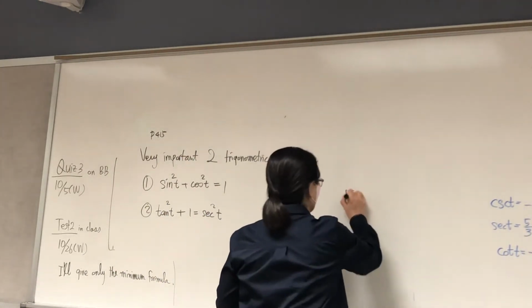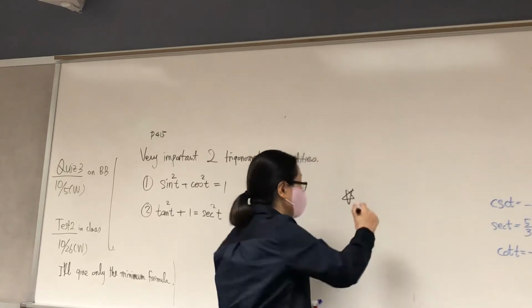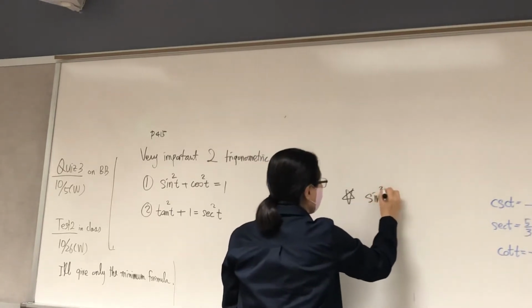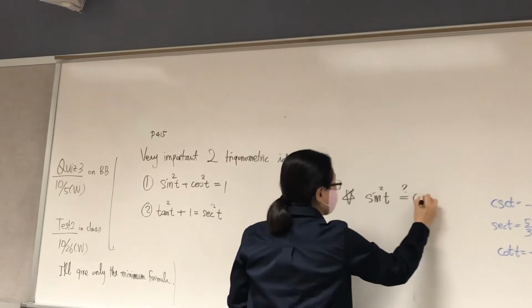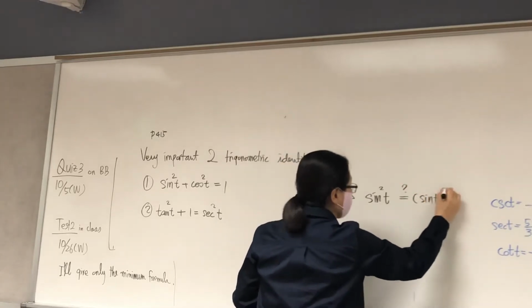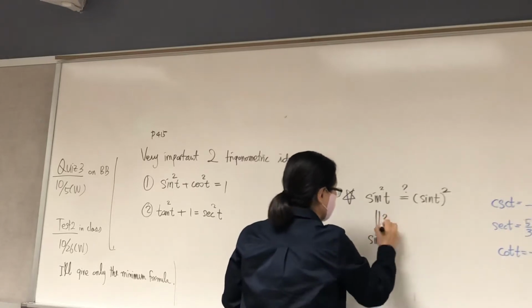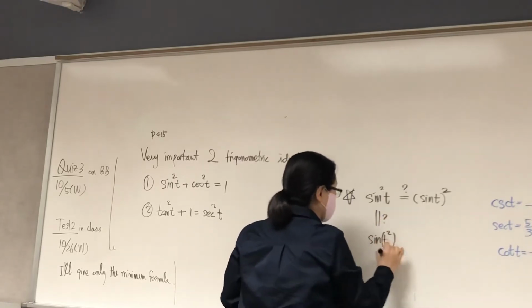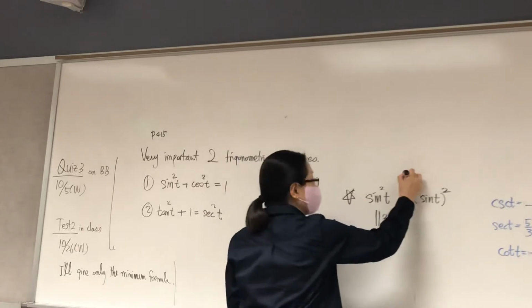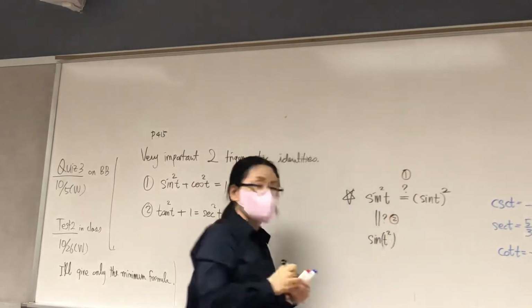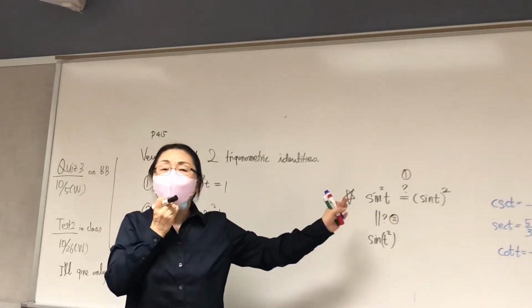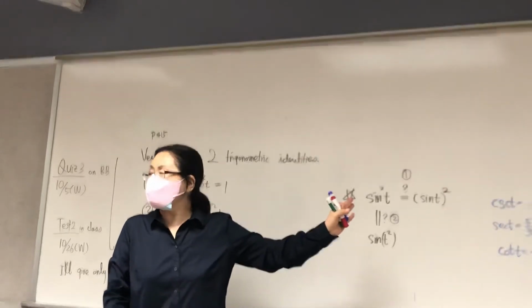Now, let me ask. Sine squared t, because I don't want to see this mistake. Let's say this is number 1, this is number 2. Both are correct, or one is correct, or none is correct?